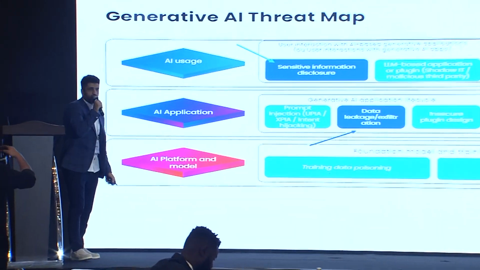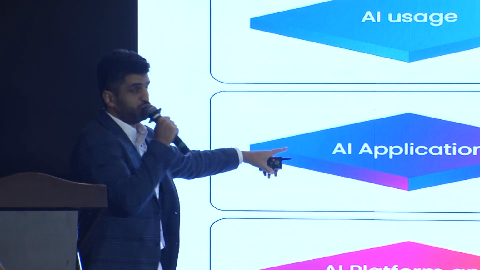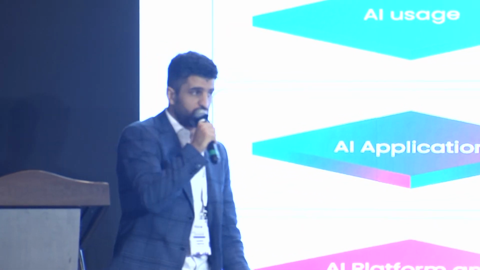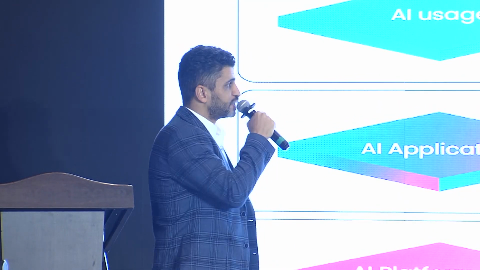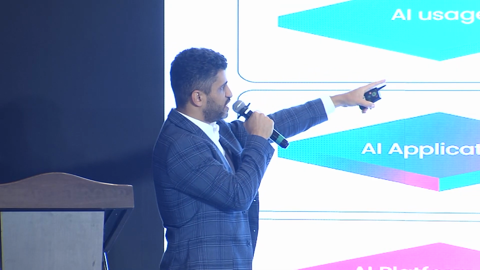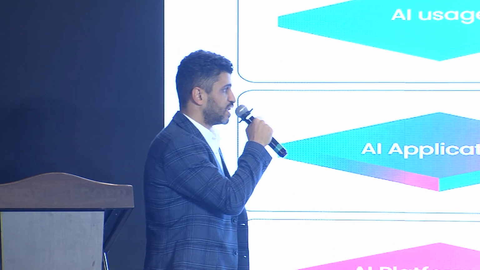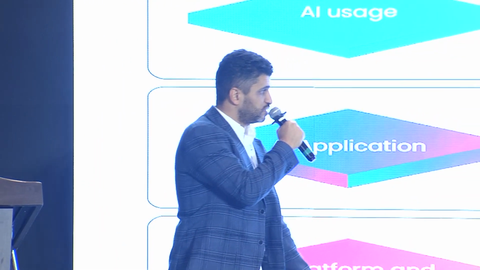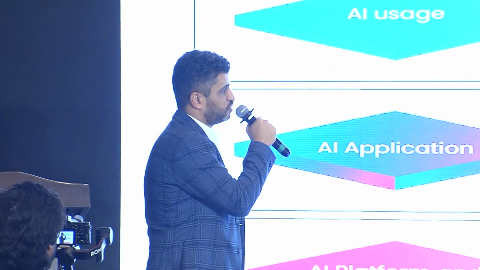So, as you know, an AI has 3 layers. We have the usage, we have the application, and we have the platform behind this application. For each layer, we have a risk, and we have a threat map. So let's start with the AI usage for the risk. We have sensitive information that can be disclosed by the end user if you use the application directly. In the AI application, we have the prompt injection, we have the data lake exfiltration, and you can have as well the insecure plugin design.